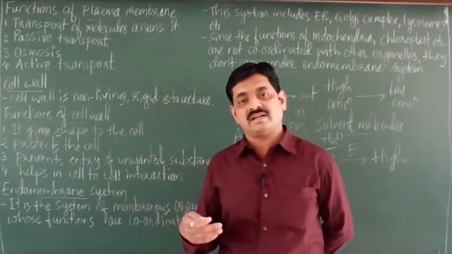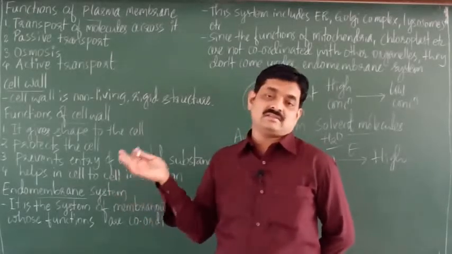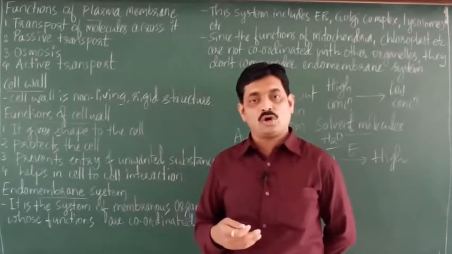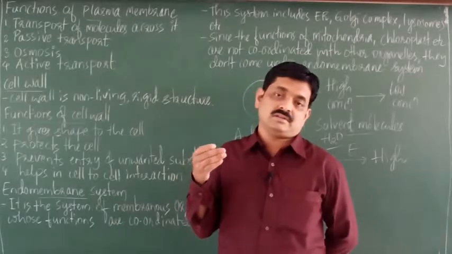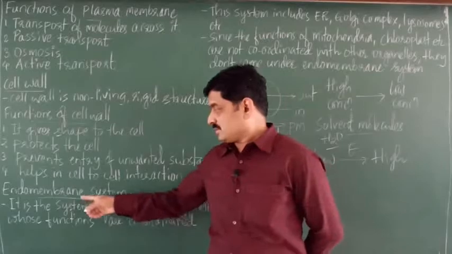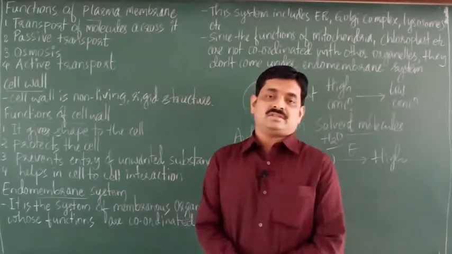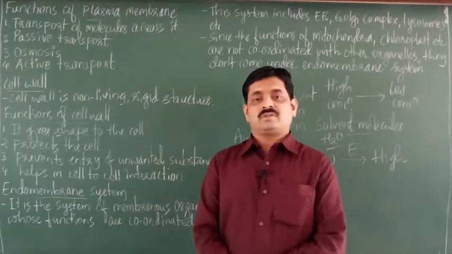Endo means inside, exo means outside. So here endo means inside the cell, a system present inside the cell, right? Membrane. Here membrane indicates some cell organelles, right?